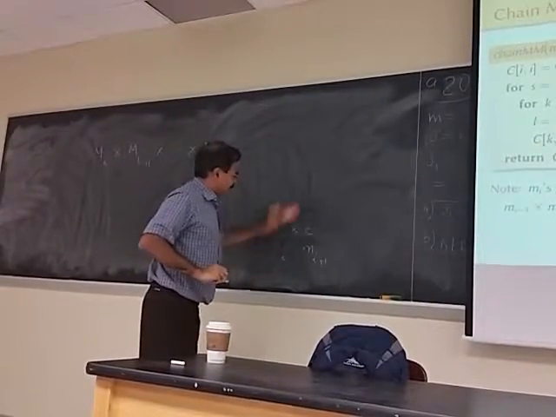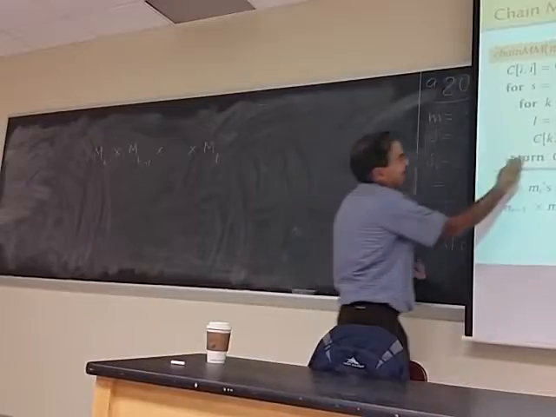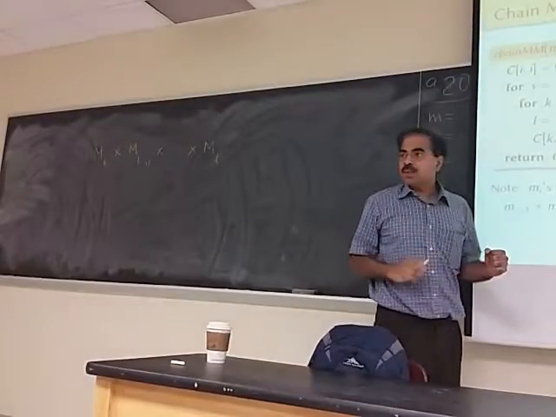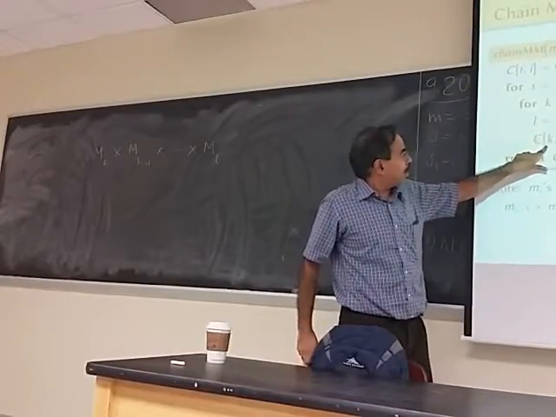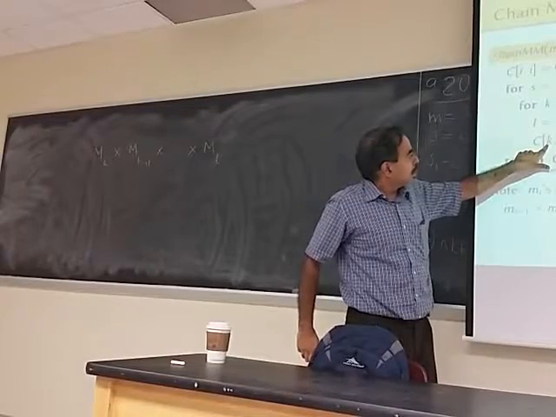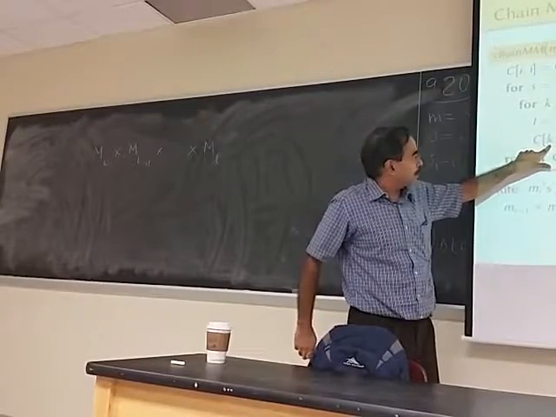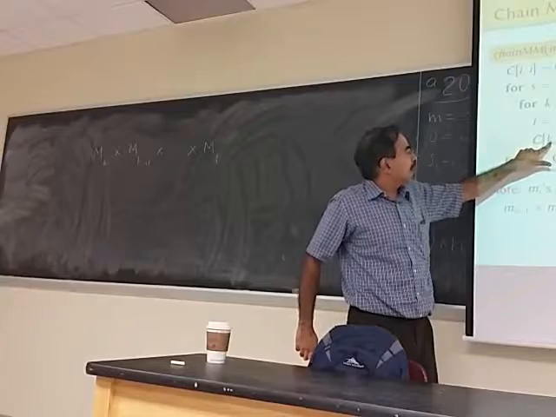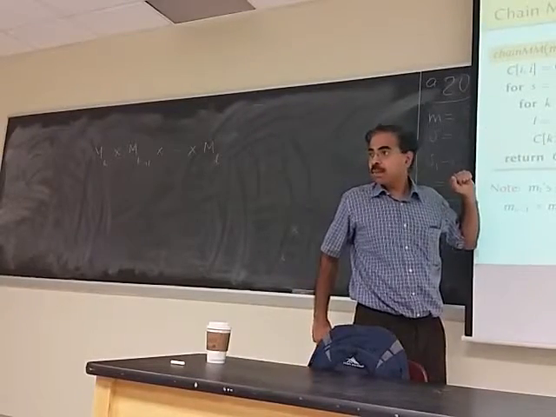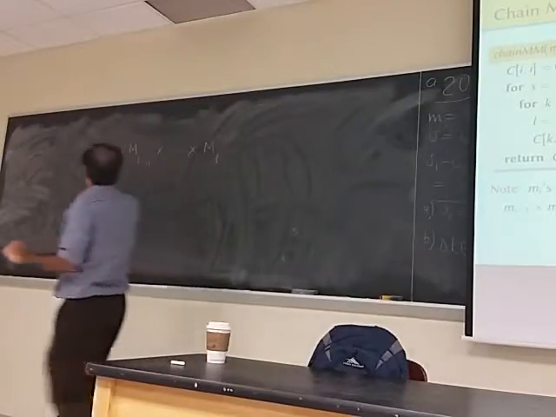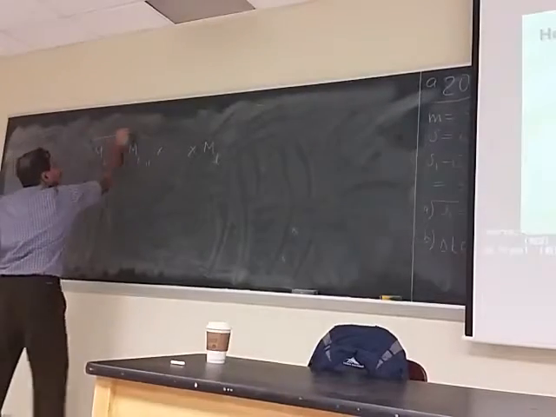Remember that C of K comma L tells you the cost of the optimal way to perform the multiplication, or compute the subproduct, of matrices Mk through Ml. That's what I've written here.